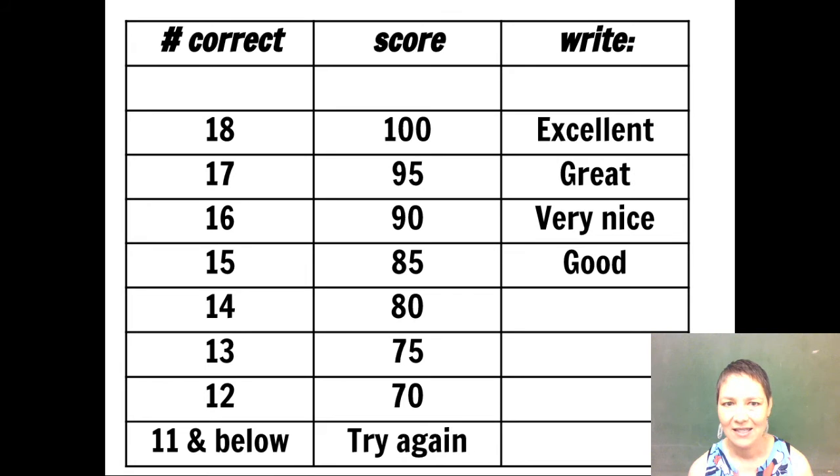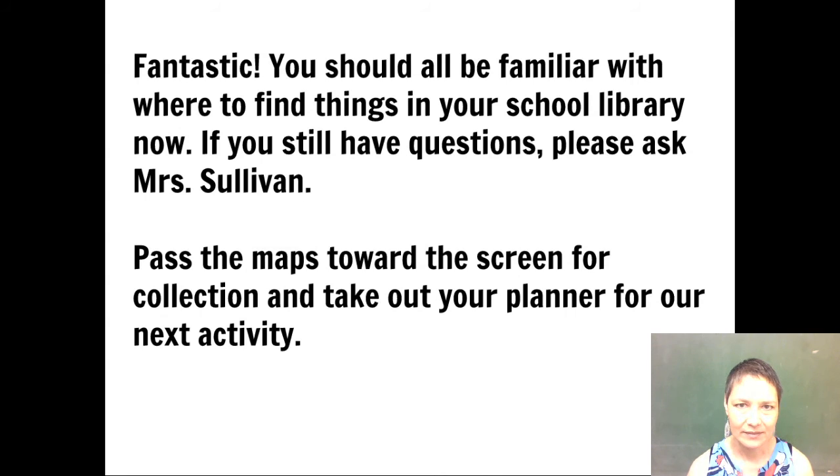Very nice. 15 is an 85, which is good. If it's any other number, go ahead and write that there. But if it's 11 or below, I want you to write try again, because that student needs a little more support to know their way around the library. And we want to make sure everyone knows their way around the library.